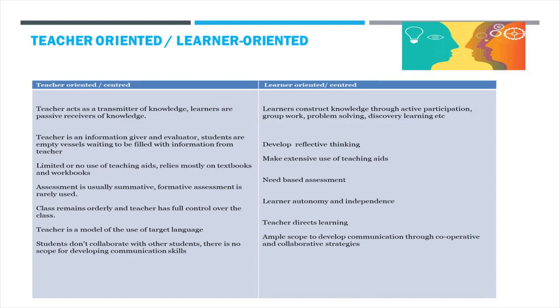In the teacher-centered classroom, the teacher directs the learning process, and students don't collaborate with other students, so there is no scope for developing communication skills. In learner-centered classrooms, there is ample scope to develop communication through cooperative and collaborative strategies.